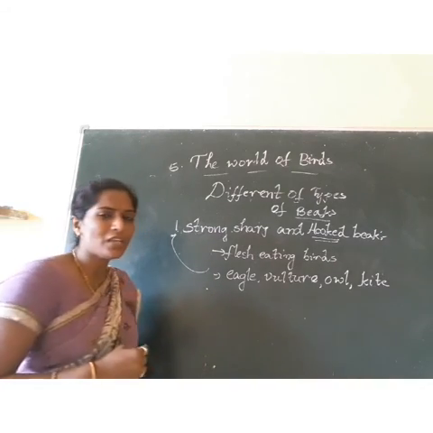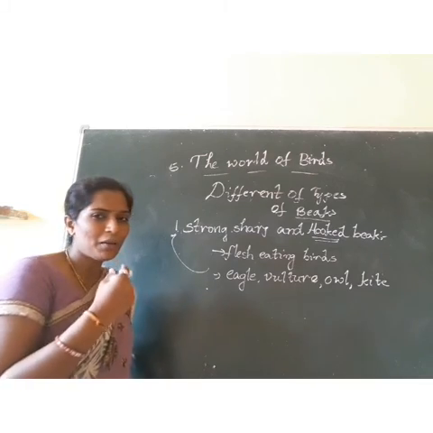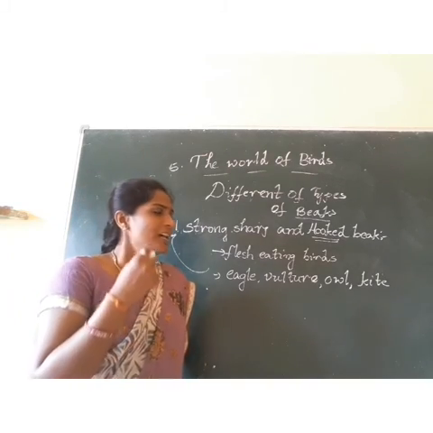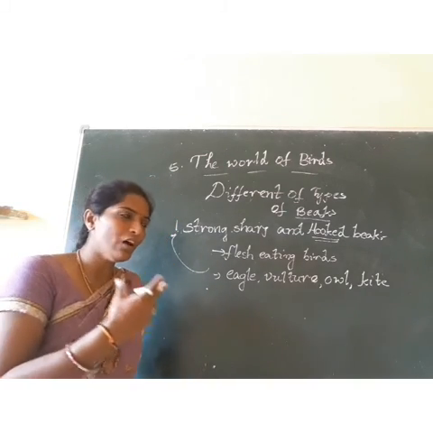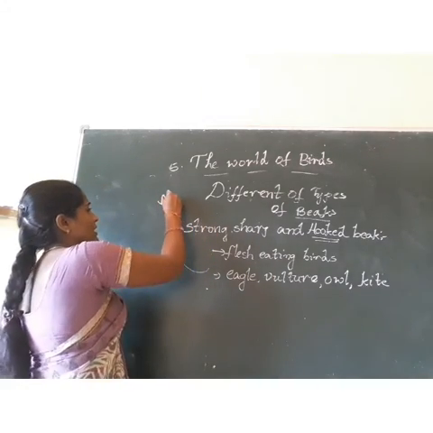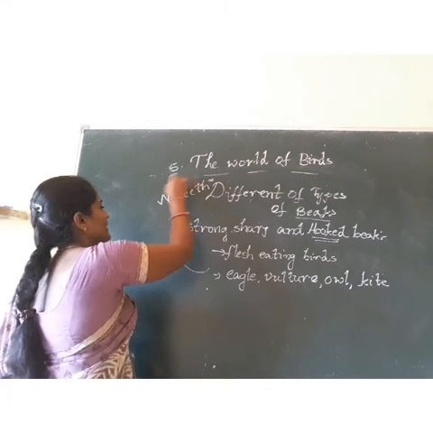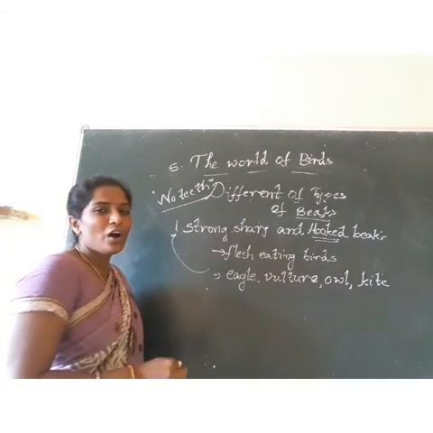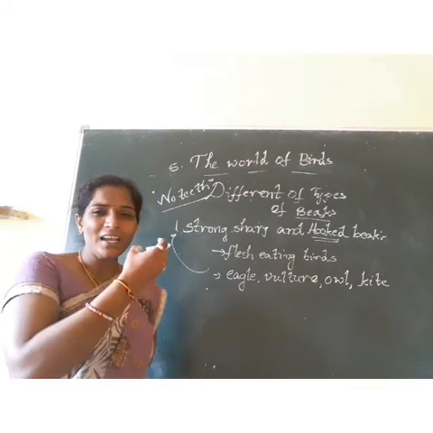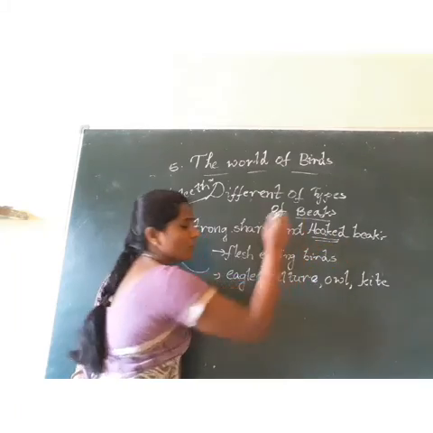Why do these have this type of beak? Because in other animals, one type of teeth is present, which we call tearing teeth or canines. But these birds have no teeth. Keep in mind, these birds have no teeth. So they can take the flesh with their beaks only.